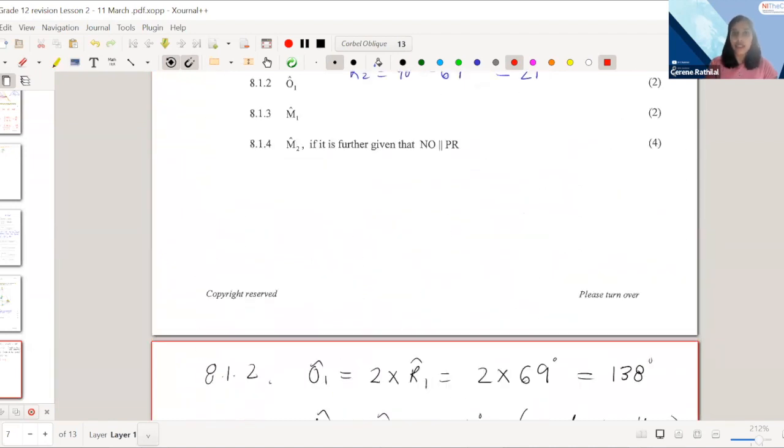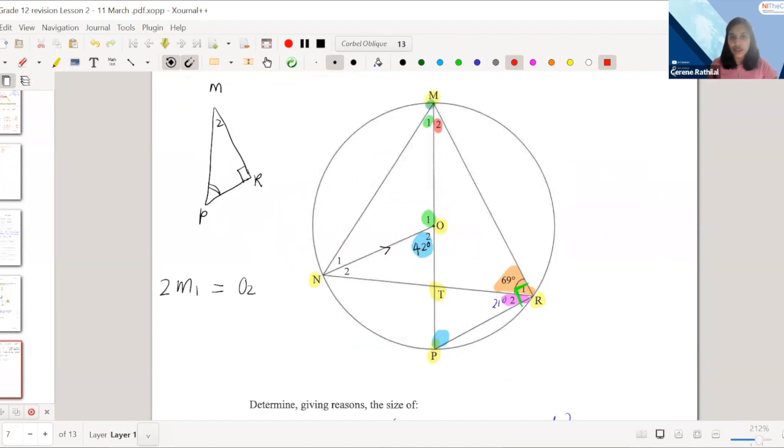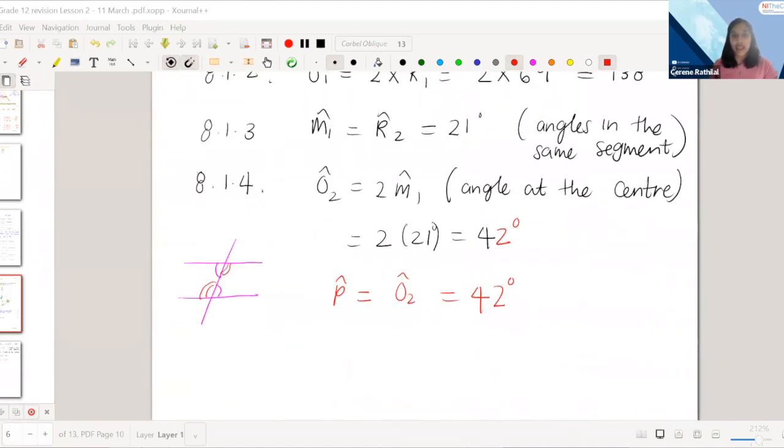And then let's go back to the diagram. We're now sitting in this triangle. So there's the 42 degrees. We've got 42 degrees, we've got 90 degrees and M2. Can't we solve for M2? How do we do that? Angles of a triangle sum to 180 degrees. And so we see that M2 equals 180 degrees minus 90 minus 42. Isn't that so?